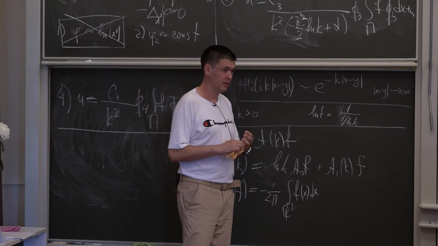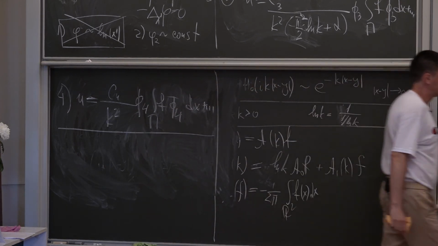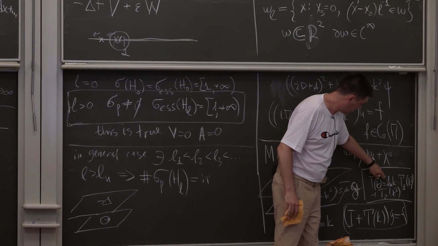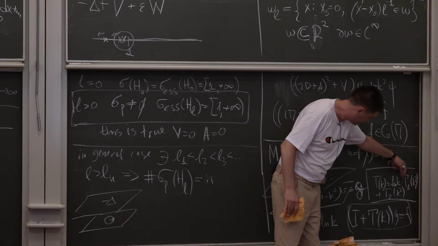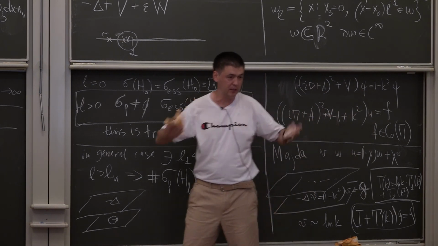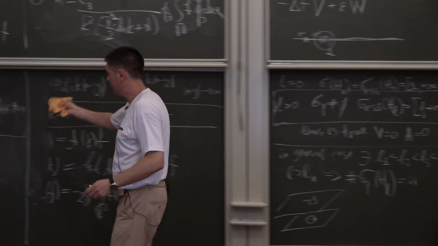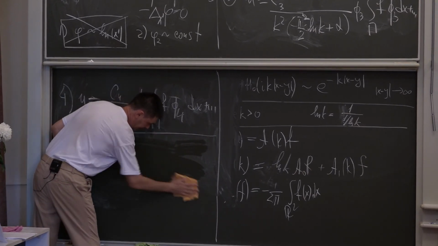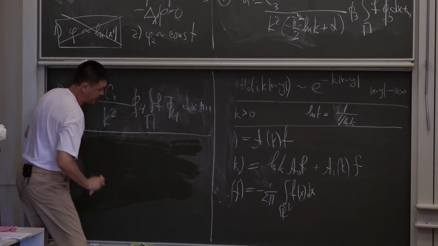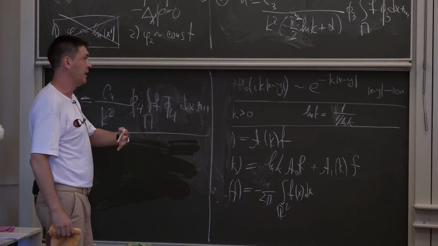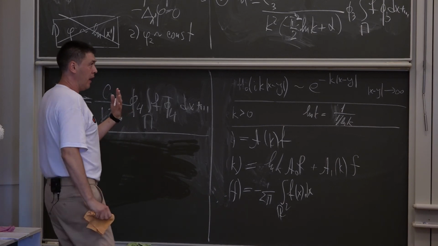Something like this just selects from this operator its bad part, inverts the rest, and sees what happens. So finally I got such nice formulas, and now the next step is to understand what will be the behavior of the eigenvalues.